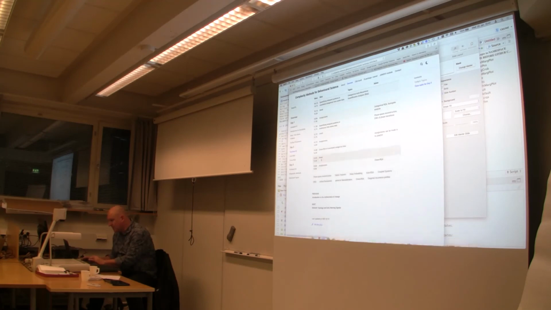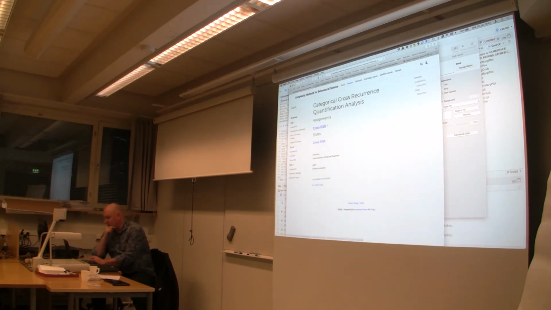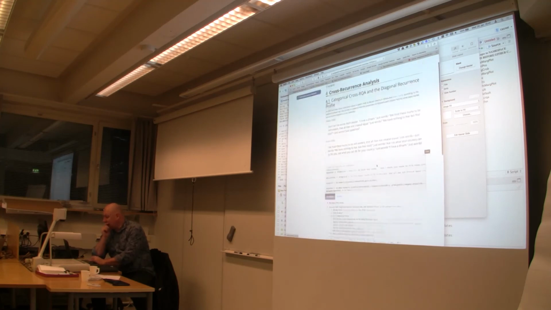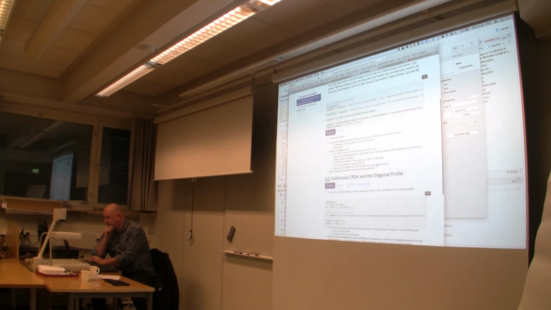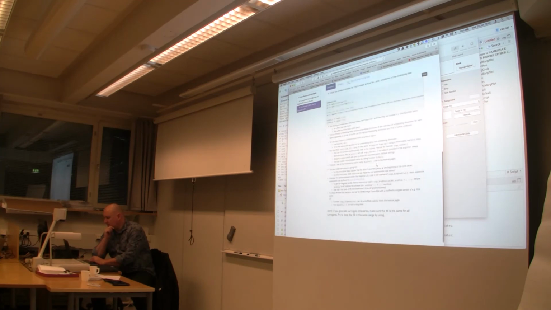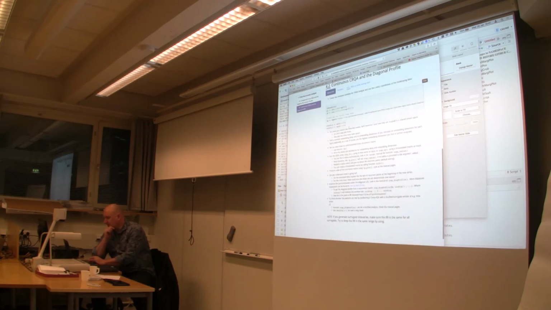So there were assignments here for Cross-RQA, so you can check them out if you feel like it. The thing to look for, so this is pointing to some data that we actually collected during the summer school. I don't know if you participated.